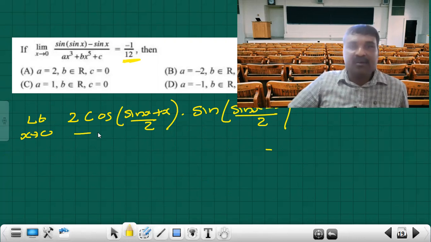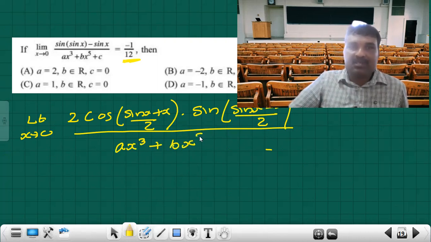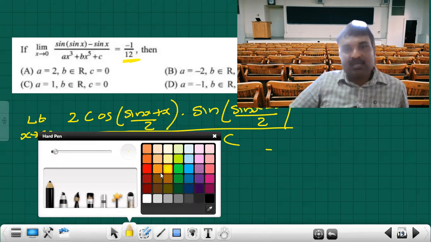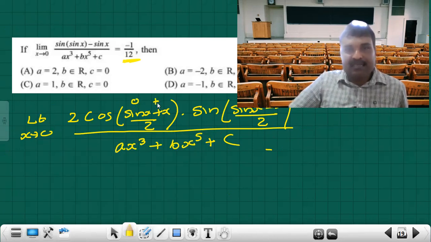Now, what's the denominator? The denominator becomes ax cube plus bx raised to 5 plus c. Now, what is the value of this cosine? When the limit is taken, sin 0 is 0, x is 0. So this becomes cos 0, and the value of this becomes 1. Cos 0 is 1.